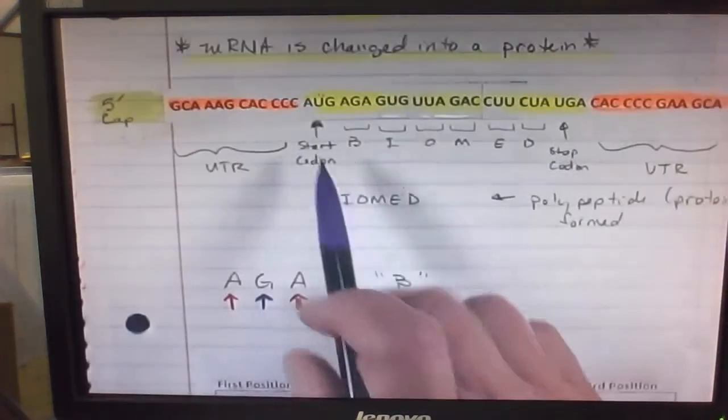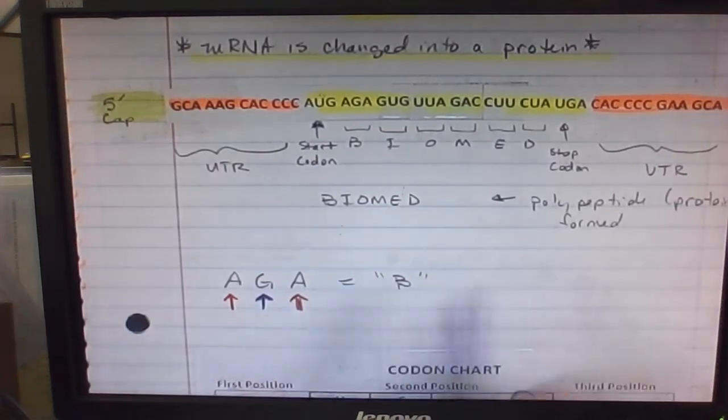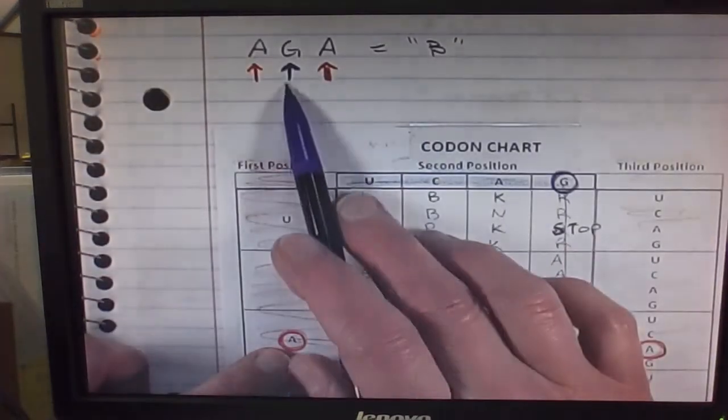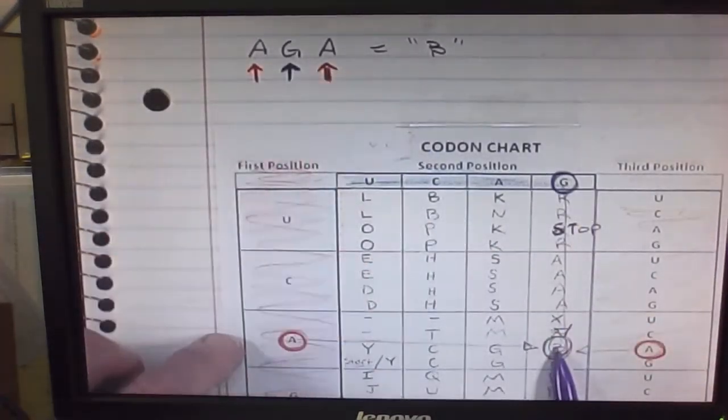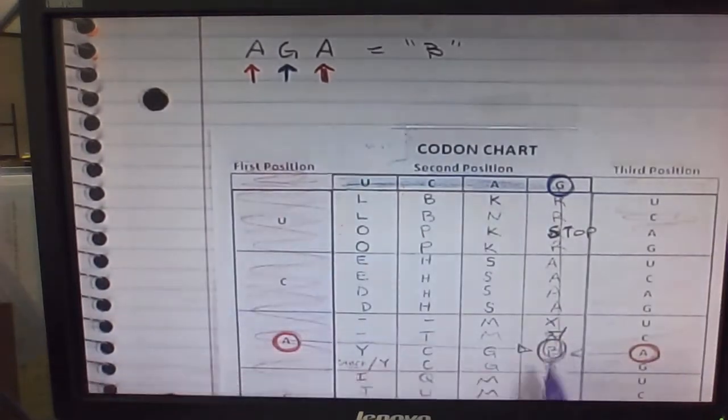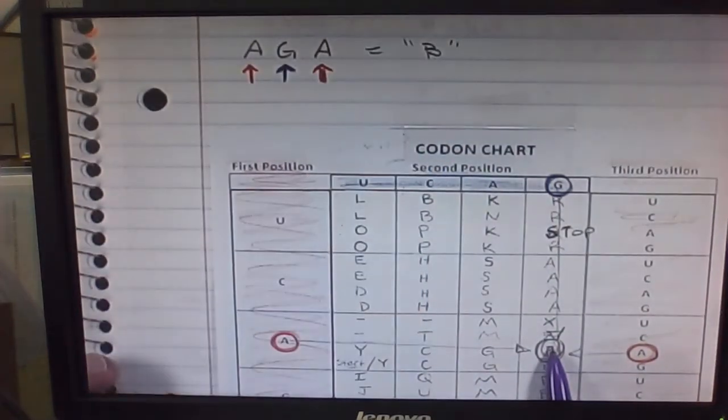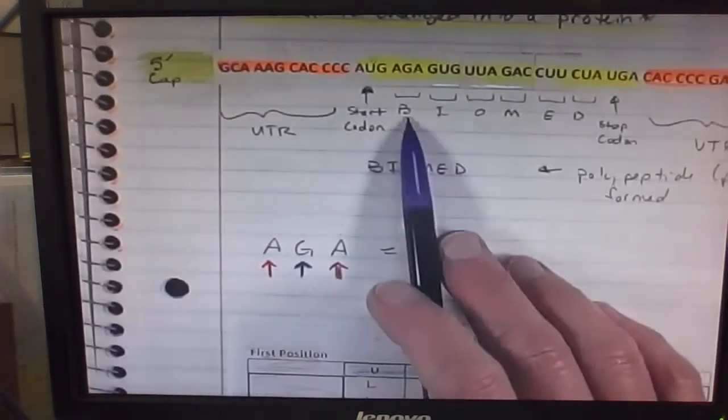So that's why this says start codon. Next, we have AGA. AGA, so A, G, A. I look to see where all three of those come together, and it comes together at the letter B. So that's why there's a B here.